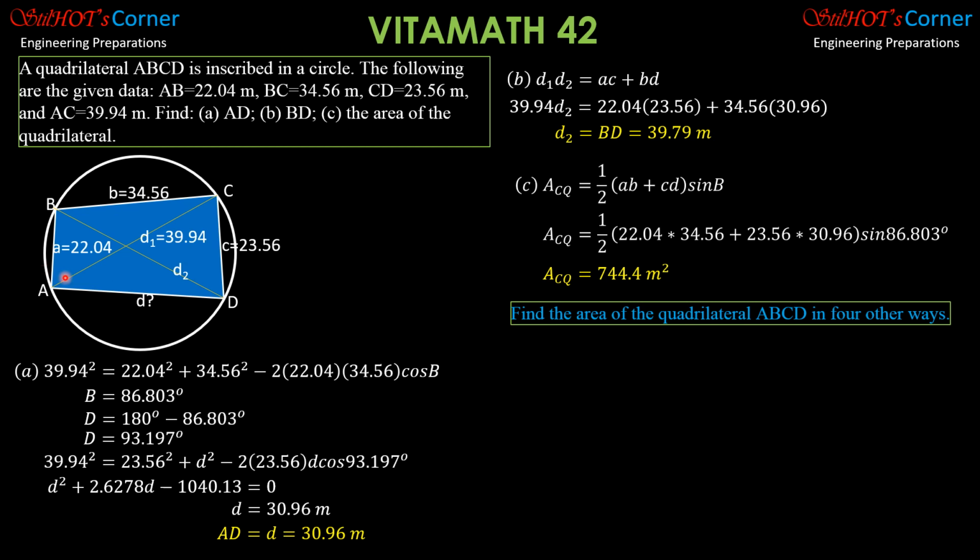Then you compute angle A, because diagonal 2 has been found. Then you may use area equals 1/2 of quantity AD plus BC times sine of angle A. So that's it for this video, and I hope that you will find the area in 4 other ways.